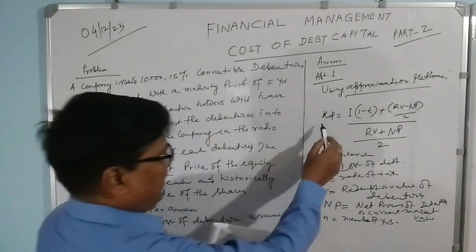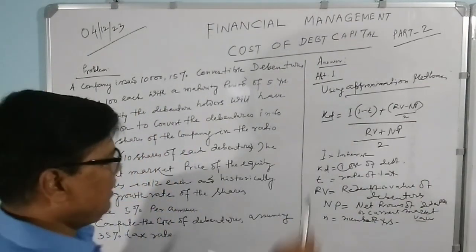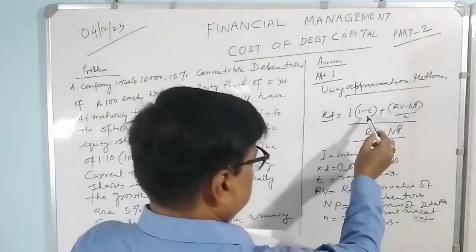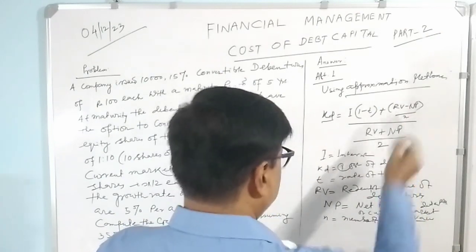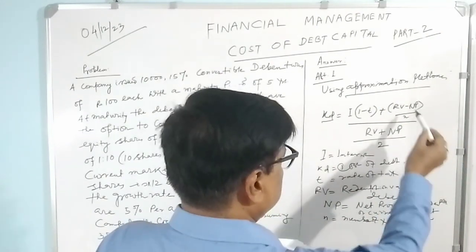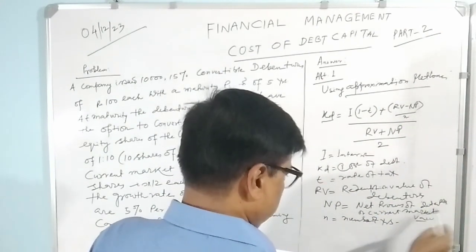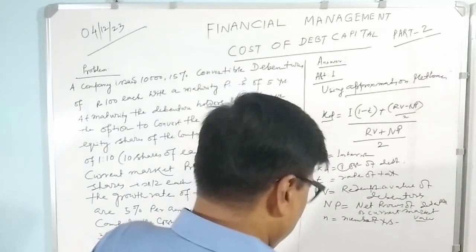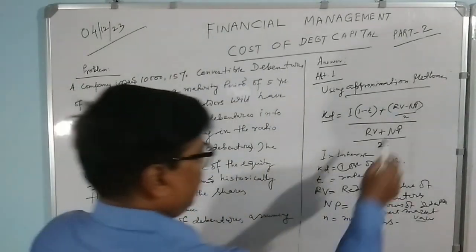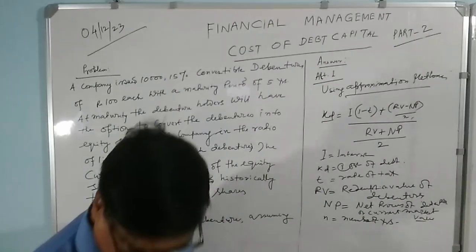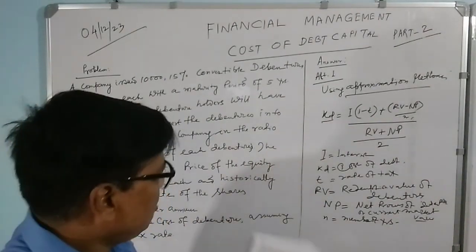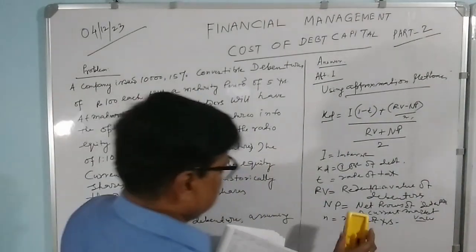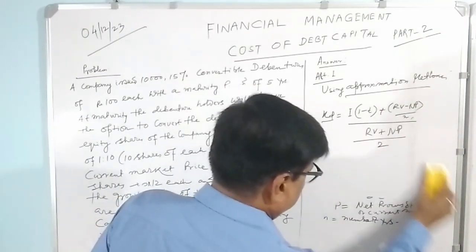Again, Kd equals cost of capital, I equals interest, T equals tax rate, RV equals redemption value of debentures, NP equals net proceeds of debentures or current market value, and N equals number of years. If you put these figures in this formula, what will happen?